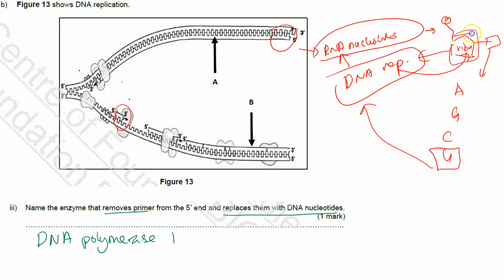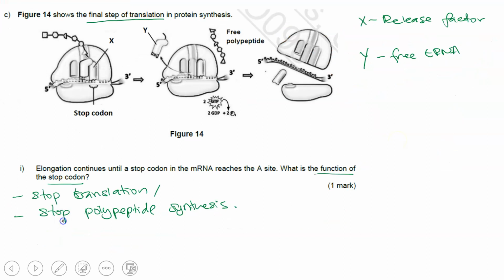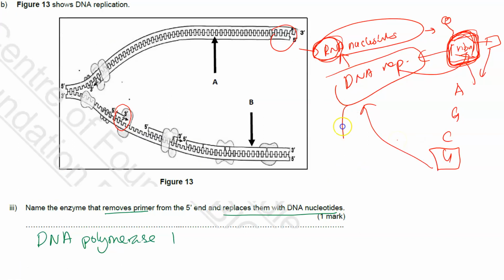Ribose is the 5-carbon sugar in RNA. In the nucleotide of DNA, you have the phosphate bonded to a pentose sugar bonded to a base.